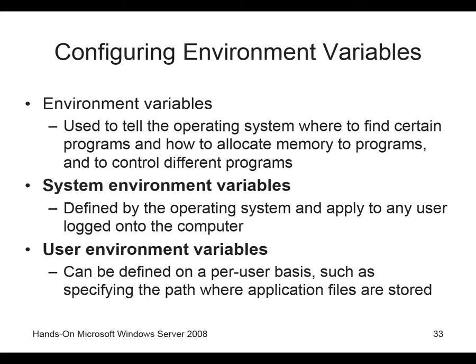Environment variables. Used to tell the operating system where to find certain programs. That's all it is. Just say, hey, I'm over here, Jeremiah's over here, Jordan's over here, Cole's over here, and so on. That's the system. User can be defined by the individual user. Like Jordan may have his recycle bin in the top right corner where mine may be in the top left corner on my screen.